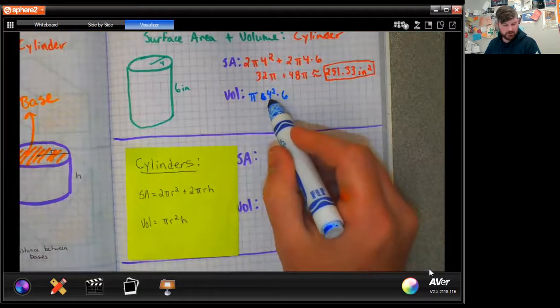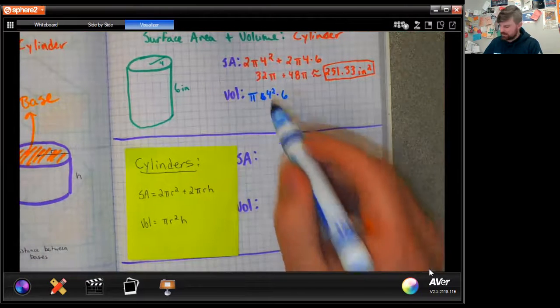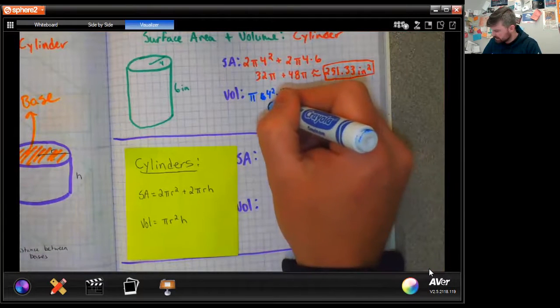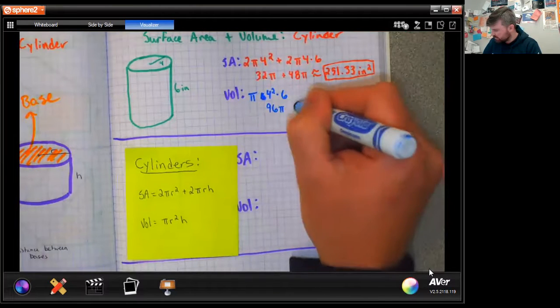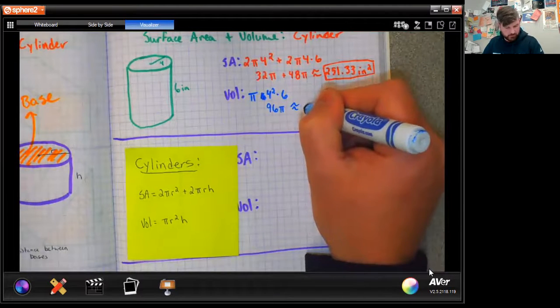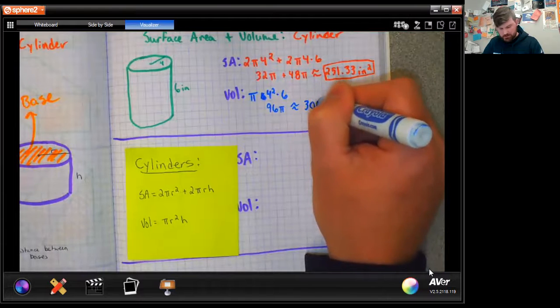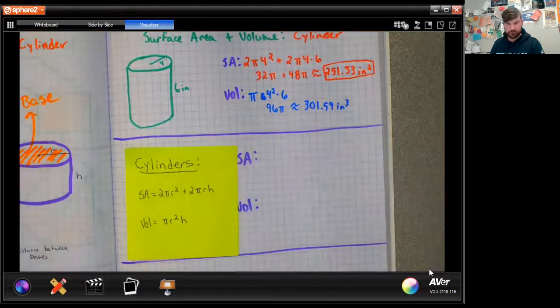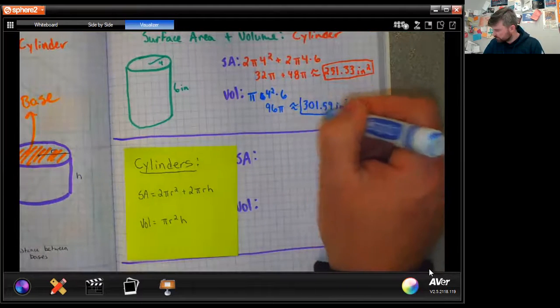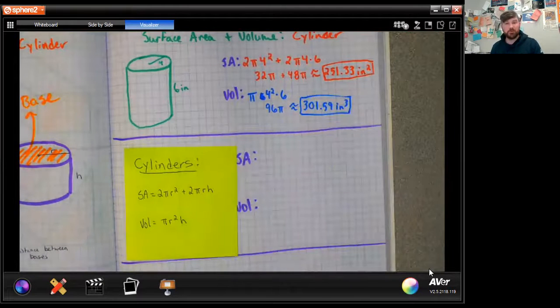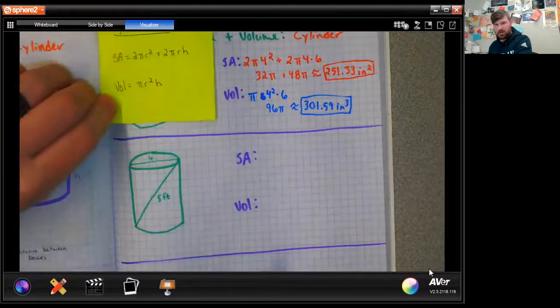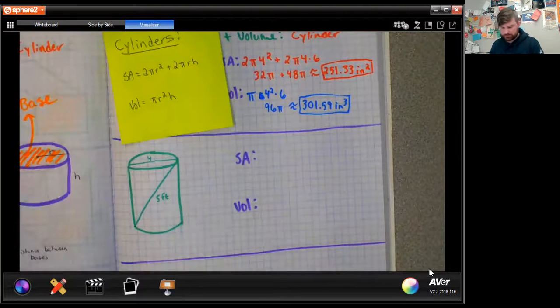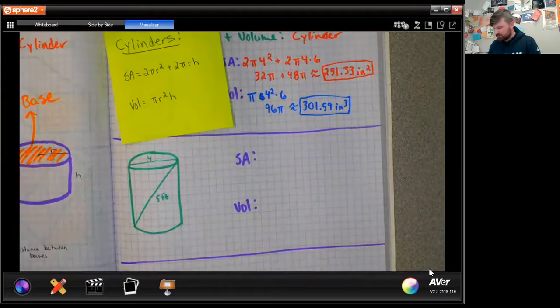So we have 4 times 4, which is 16. 16 times 6 is 96 pi, which is about, I'm looking at the answer here, 301.59 inches cubed, in 2 decimals. Again, I encourage you to use the pi button. If not, use 3.14159.